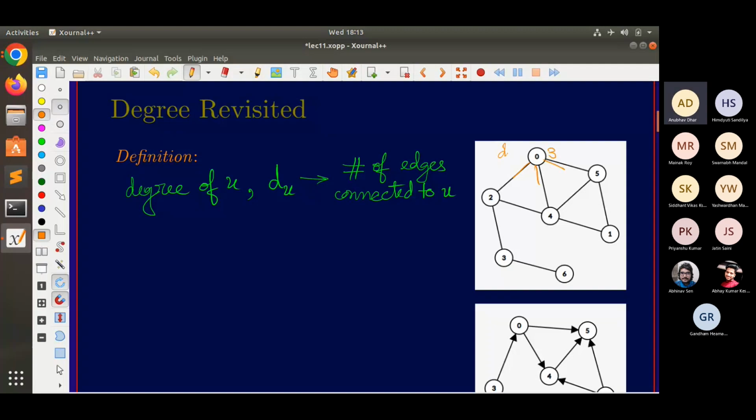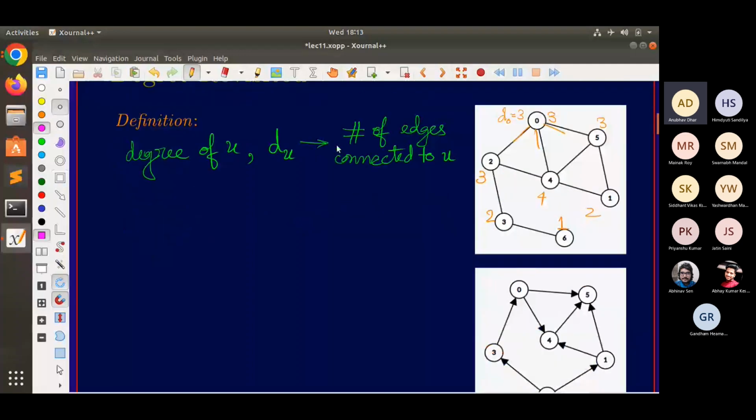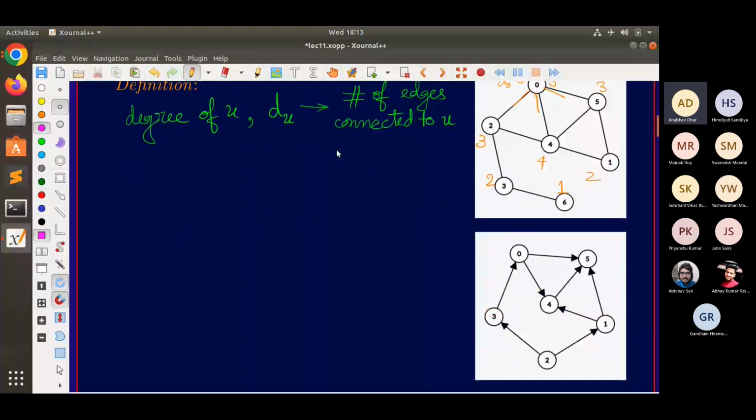I think that's clear till now. I hope so. Okay. So in undirected graphs, we have this notion of degree of a vertex. But in directed graphs, we have two separate notions. One is called the out degree, and another is called the in degree.